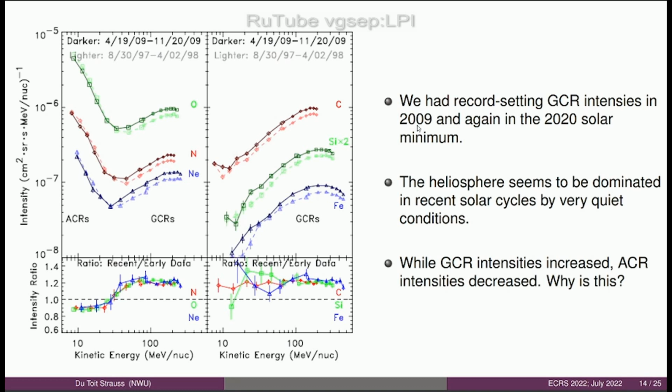The particle intensities always recovered to more or less the same magnitudes, except in 2009. In 2009, we had an anomalous increase in the galactic cosmic ray intensities at Earth. We had record-setting intensities measured by both spacecraft and neutron monitors on the ground. And I think in general, at energies of about 100 mega electron volt per nucleon, the intensity was about 20% higher than expected.